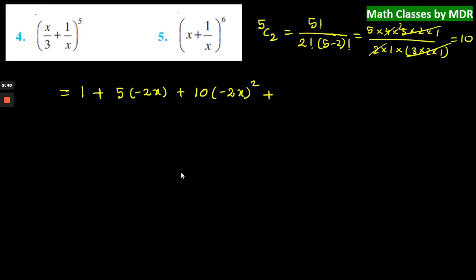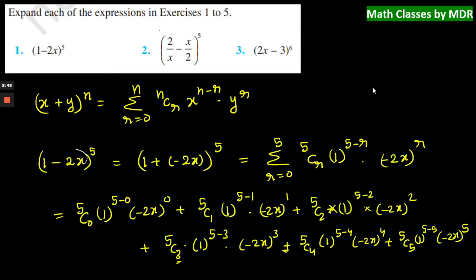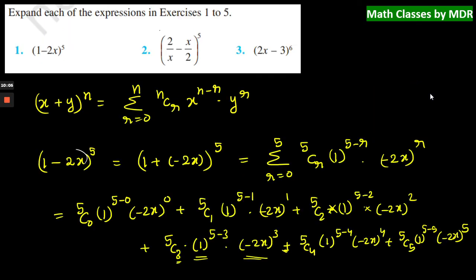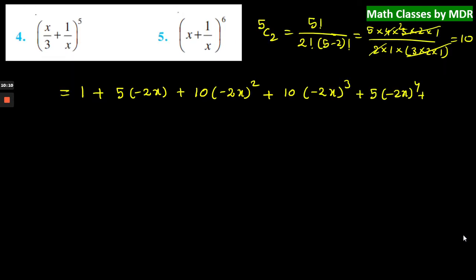So it is equal to 10 into minus 2x whole cube, 1 power anything is 1. 5c4 is equal to 5c1, that is nothing but 5, and minus 2x whole to the power 4. 5 into minus 2x whole to the power 4 plus 5c5 is 1. 5c5 is 1 into minus 2x whole to the power 5.